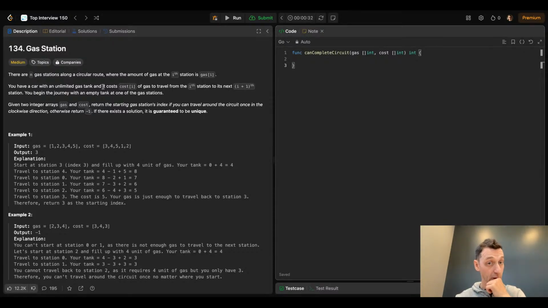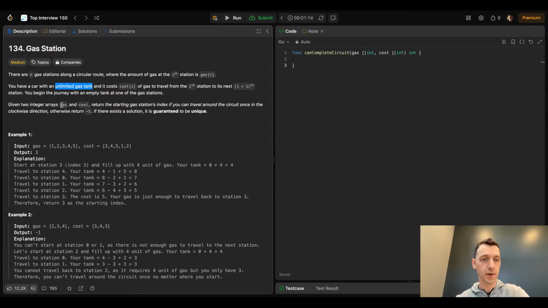Okay, unlimited gas tank, wow, sounds magical, like a superpower. And it costs cost[i] of gas to travel from the ith station to its next, the i plus 1th, so there is also a cost.